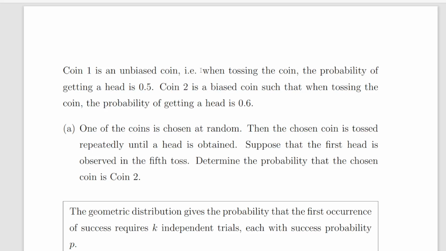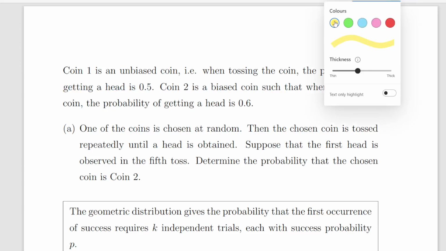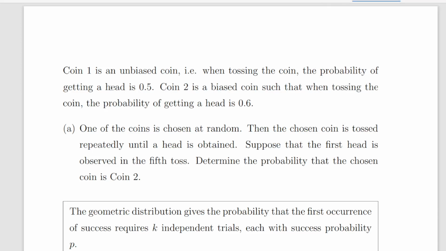So coin 1 is an unbiased coin. Okay, so when tossing a coin, the probability of getting a head is 0.5. Coin 2 is a biased coin, so when you're tossing the biased coin, the probability of a head is 0.6. Okay, so 0.5 for the fair coin, 0.6 for the biased coin.